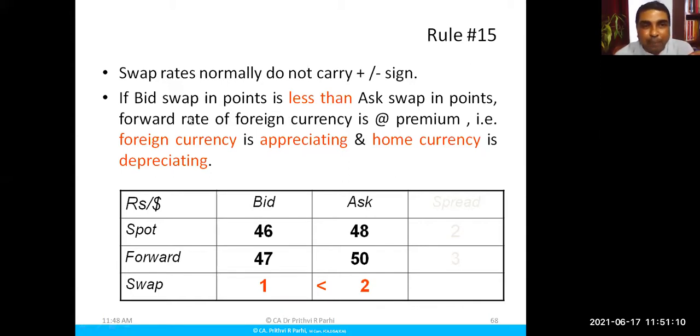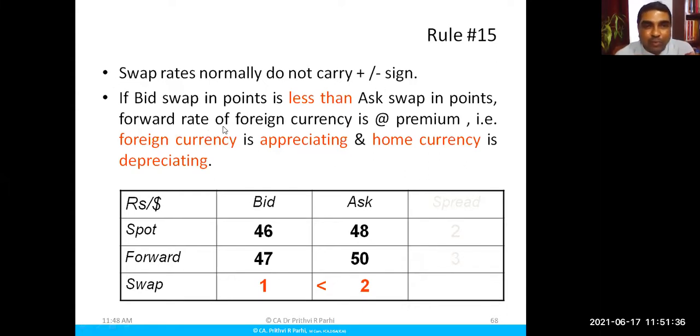If bid swap points are less than ask swap points, as in this example, the swap points are in ascending order. Bid will always precede ask.